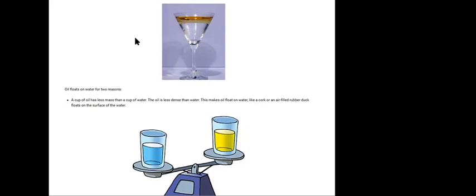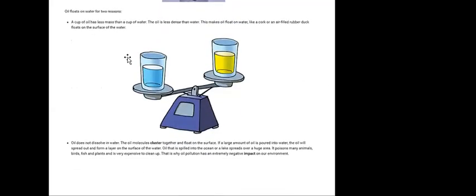So because oil has a larger volume, the particles are further spaced out, and obviously it would have fewer particles, therefore it will be lighter and it will float to the top of the water. I even put a little scale here for you guys.